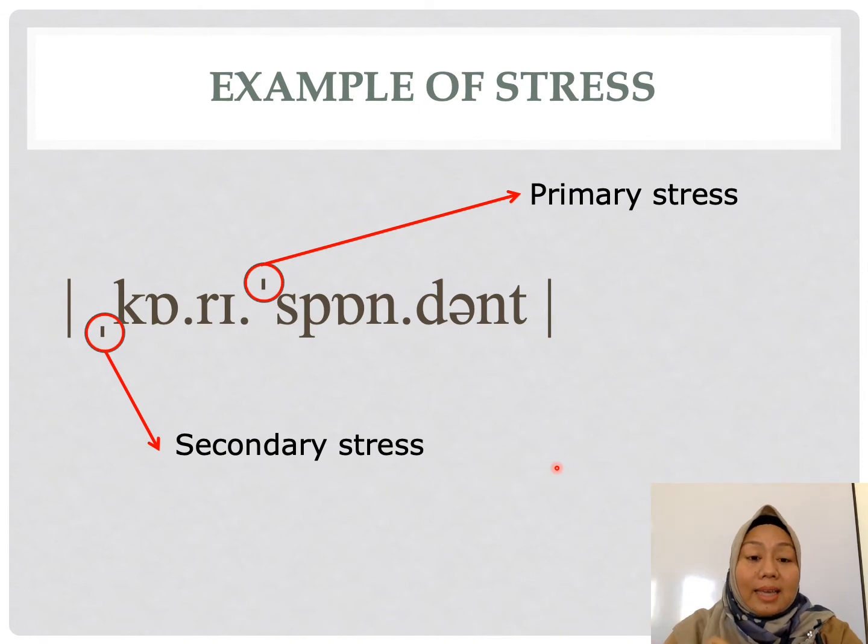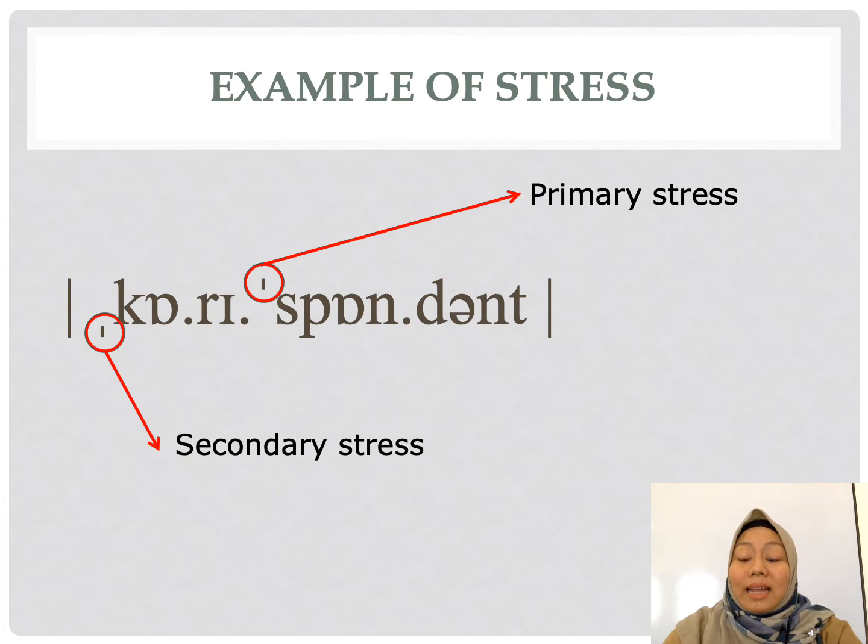You see that this one has a slight stress in it. This one is not stressed at all, and this one is the primary stress. Then this one is unstressed. So, correspondent. The primary stress is in the pon.